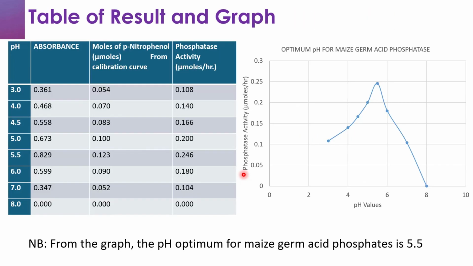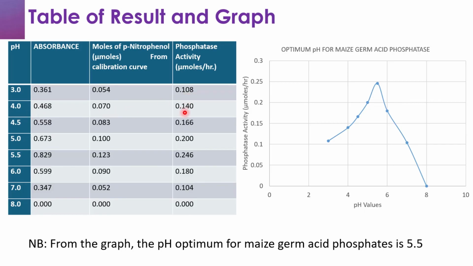Upon doing that, these will be the phosphatase activity values that we get, and this table of results shows us the pH, the absorbance, the moles of p-nitrophenol formed from the calibration curve, and the calculated phosphatase activity. If you look at this table, at pH 3 we had a phosphatase activity of 0.108.